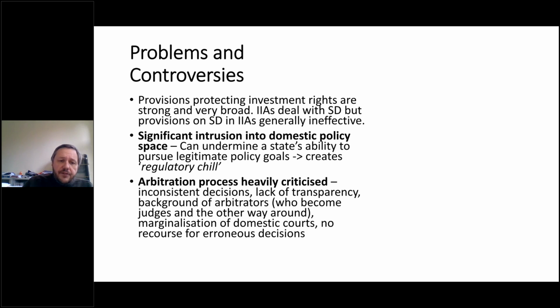And then of course there is the arbitration process itself, which is heavily criticized. First, there are inconsistent decisions. With that, it's meant that since you have multiple tribunals, and even within tribunals, the judgments are not always very consistent. Some cases allow for more environmental regulation, for instance, and then rule more in favor of the state rather than the investor. But there are a lot of examples where it's just the opposite.